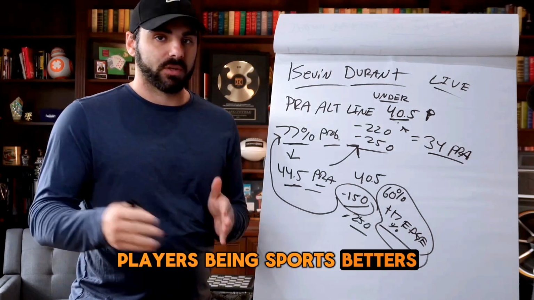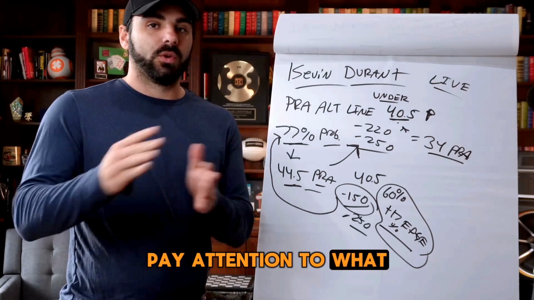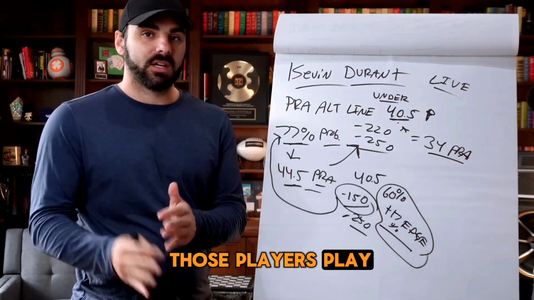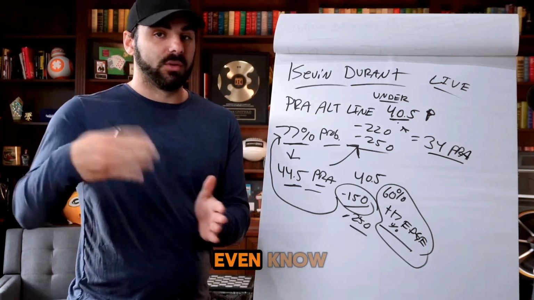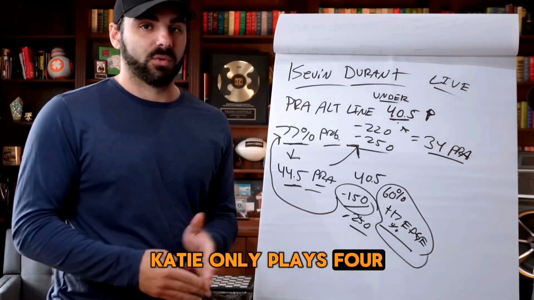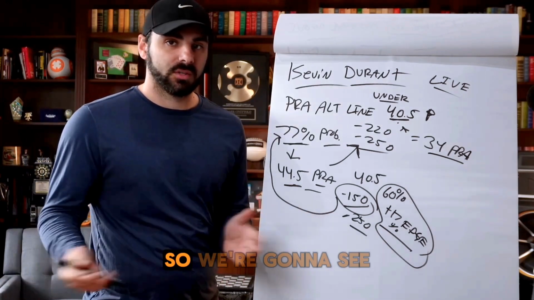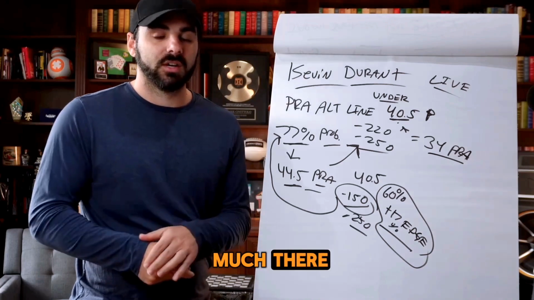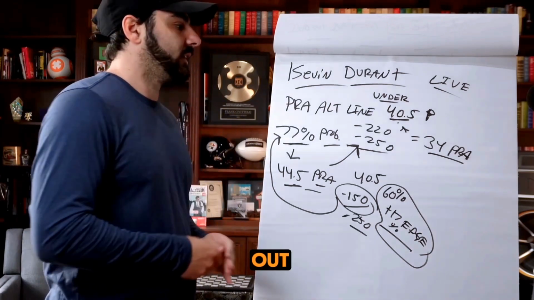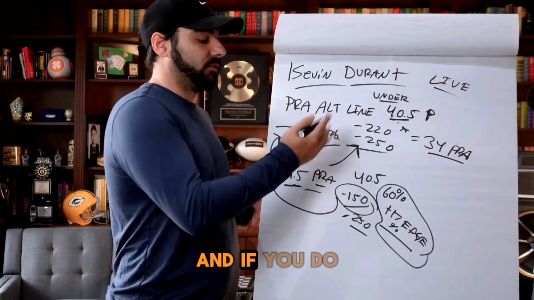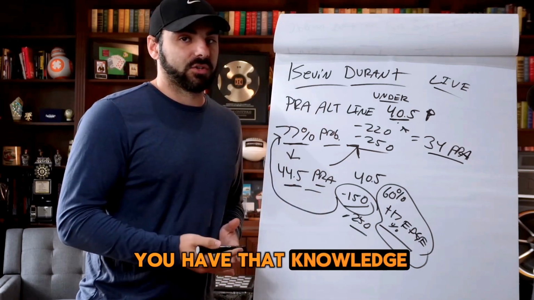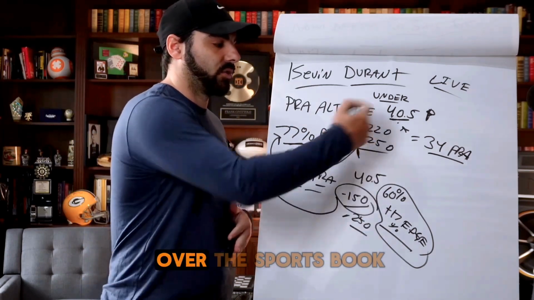Players being sports bettors pay attention to the minutes and how those players play, and they'll fluctuate the odds in between, not knowing that you know KD only plays 4 minutes in the second quarter, so if he doesn't do much there, his number is going to even out. They don't really get that sometimes. If you have that knowledge, you have an edge over the sportsbook here.